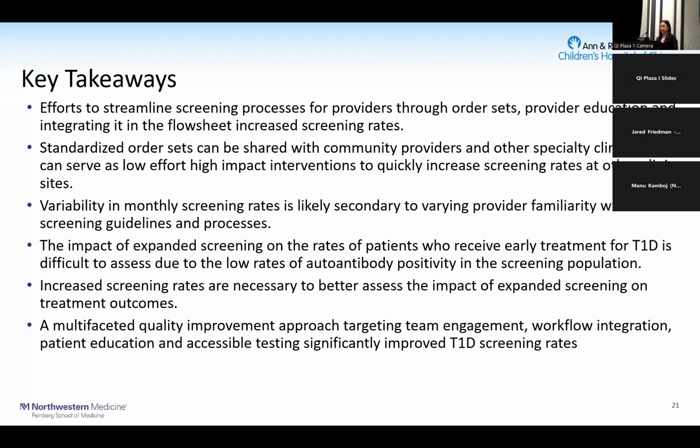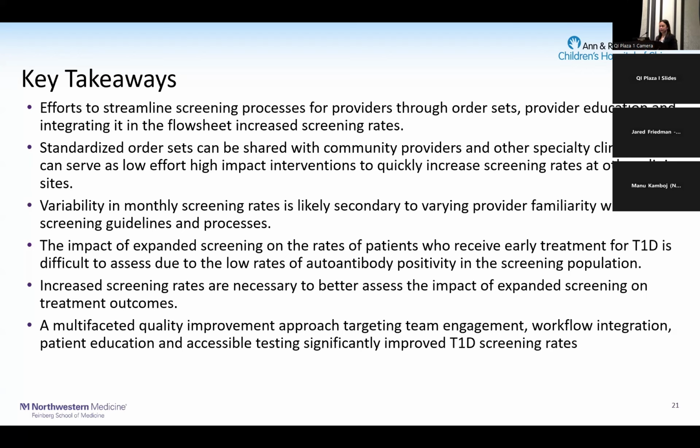So in terms of key takeaways from this project, I think we have to streamline our screening process. We were able to do so through order sets, provider education, and also integrating it into the flow sheet, which those 3 interventions really did increase our screening rates substantially.